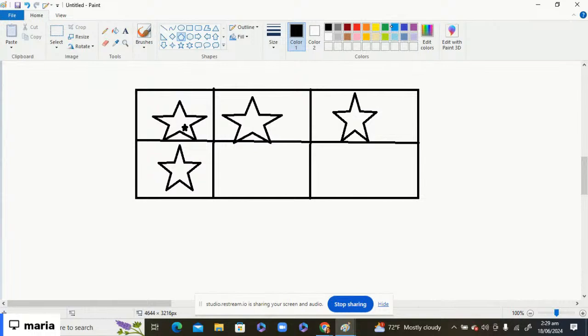Okay, so now you guys tell me how many total stars are there. So tell me how many total stars are in the frame. Count it, you all, and then tell me the answer. I'm not telling you the answer of this one.